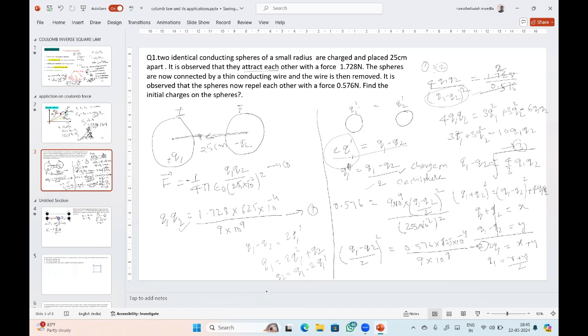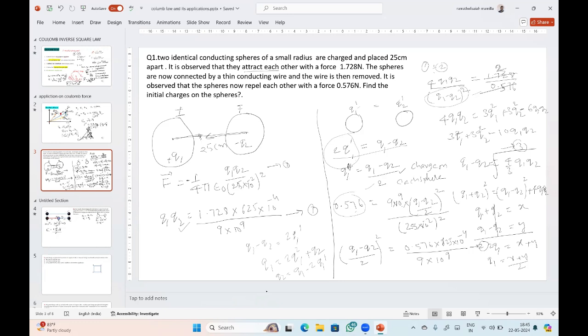So those are the Q1 and Q2 values. But he is asking the amount of charge. Now when these two charges are recombined, the force given is 0.576. So now we have to calculate using the force formula again: force is equal to K into the charges Q1 dash and Q2 dash, these are the charges.